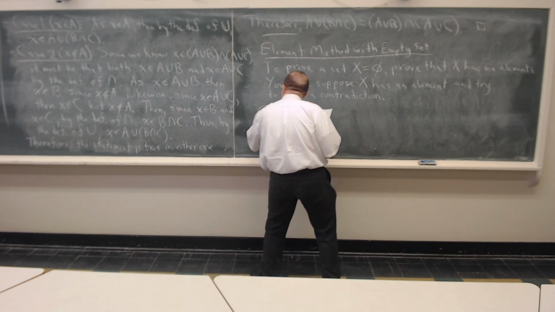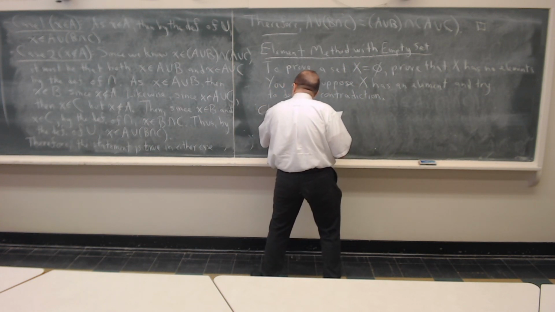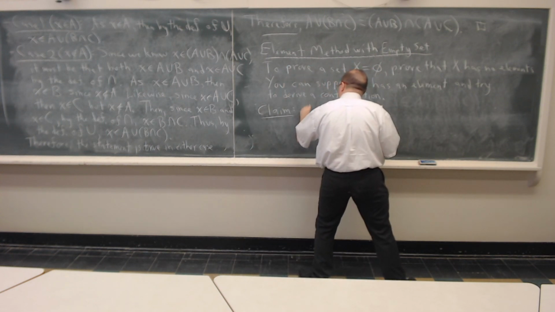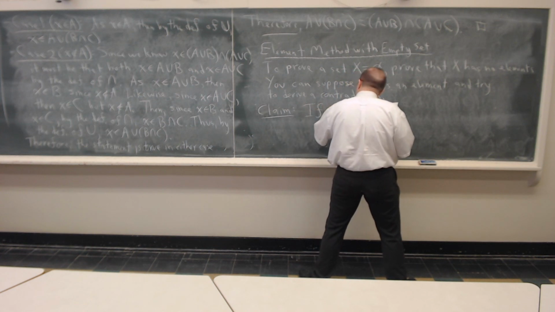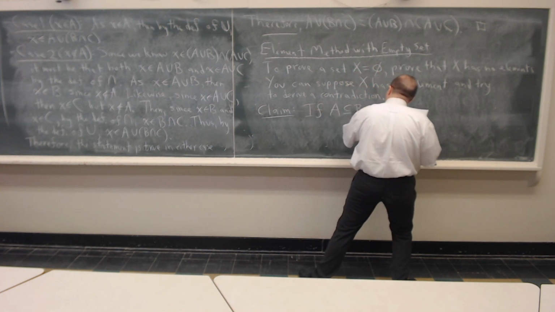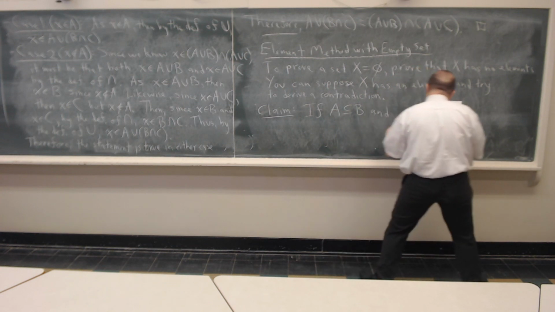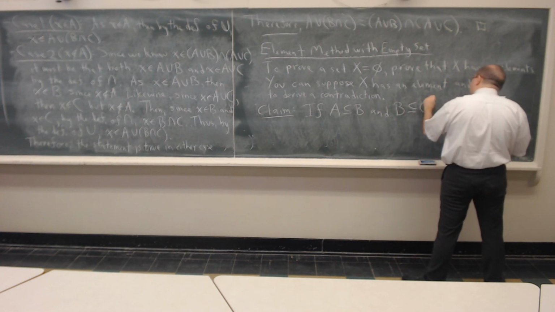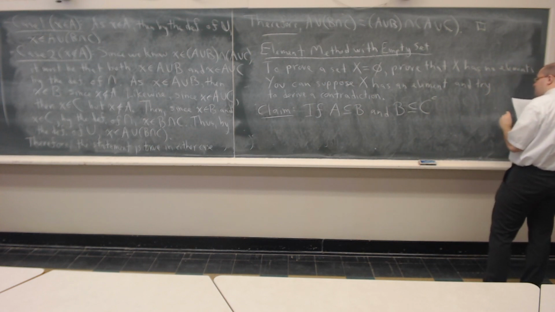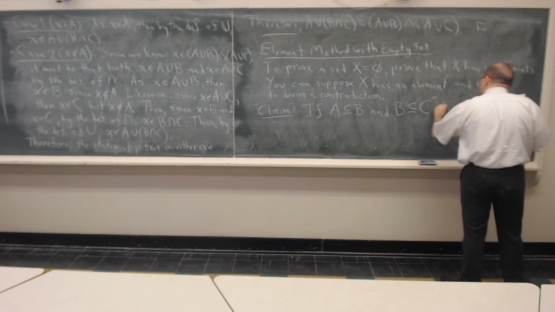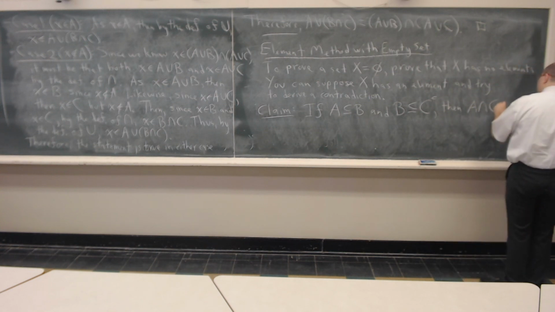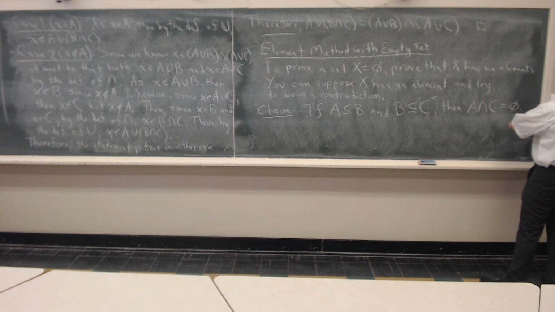There is a claim. The other reason I want to show you this is because it also has a conditional statement in it as well. So claim, if A is a subset of B, and B is a subset of C complement, so this set is called C, and it's taking the complement of that set, lowercase c. Then A intersection C is equal to the empty set.